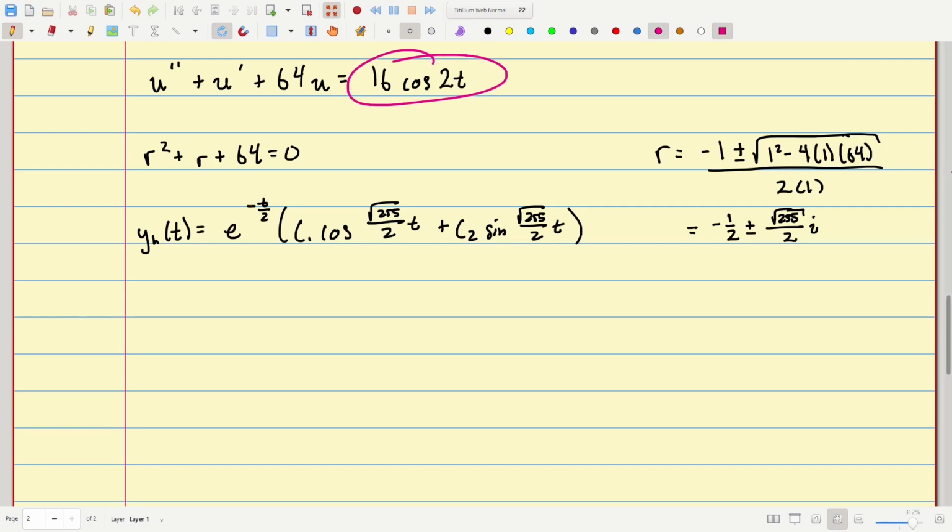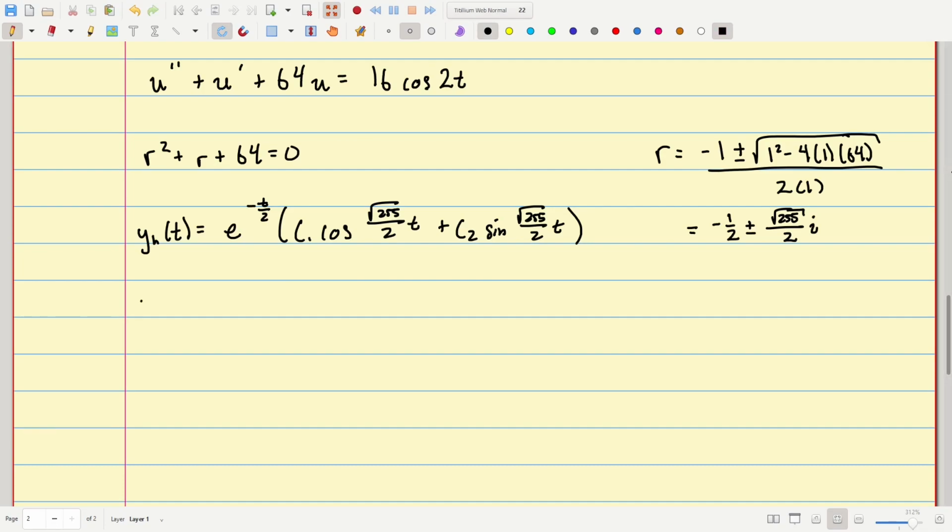Our right-hand side is not linearly dependent upon this. So we could get away with using the method of undetermined coefficients in this problem because that right-hand side is simple enough to permit it. So we will do that.